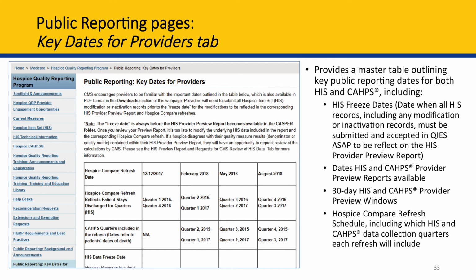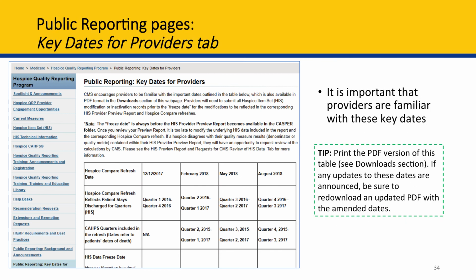Next, we have the Key Dates for Providers tab, which provides a master table outlining key public reporting dates for both HIS and CAHPS, including HIS freeze dates, preview report release dates, preview windows, and the Hospice Compare refresh schedule. The information included in the table on the Key Dates tab is crucial to your hospice's success in public reporting.